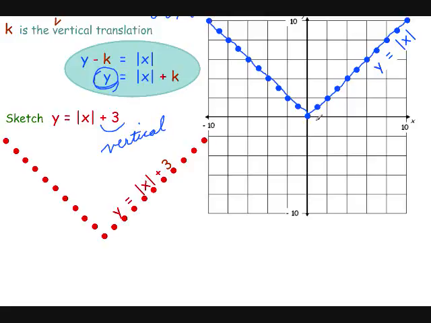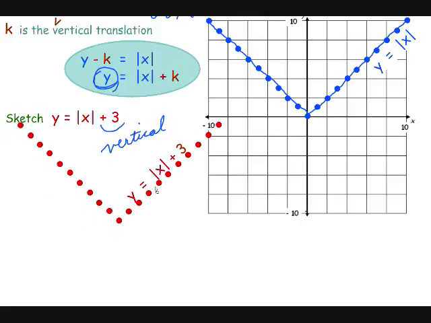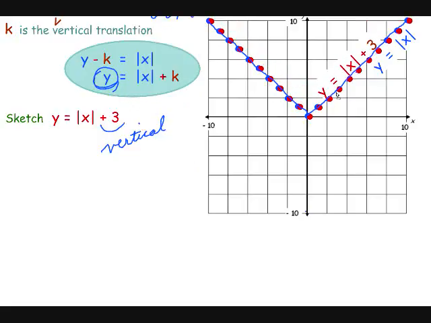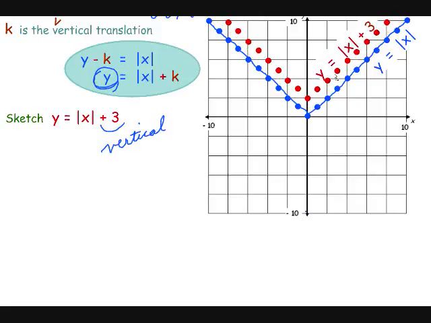In this case, we've got a vertex at 0, 0, a line of symmetry at x equals 0, with this one, y equals absolute value of x plus 3. What are we going to do? Here it would be without being shifted at all. Here it's shifted plus 1. This one is shifted plus 2. And this one is shifted plus 3.